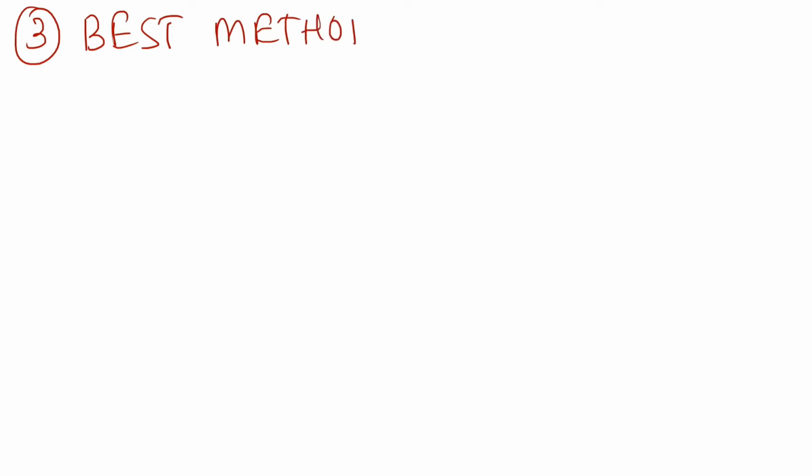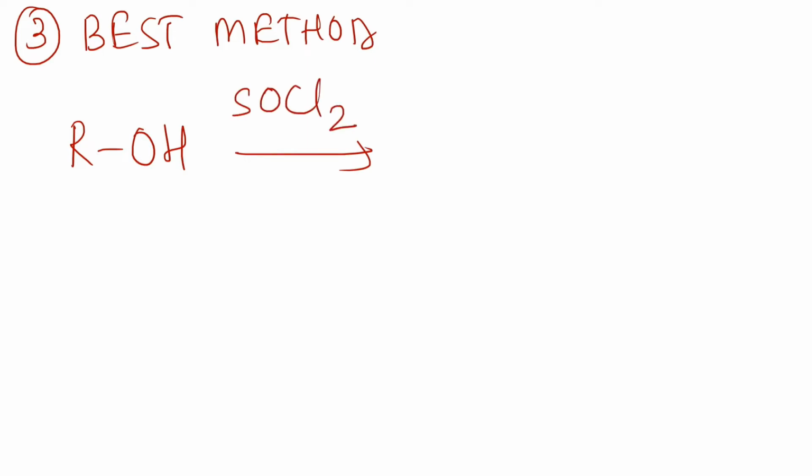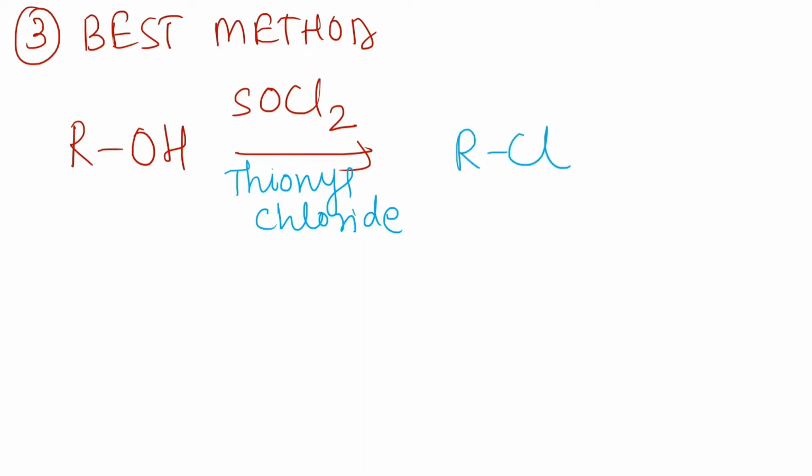Now moving on to the third method, which is one of the best methods to prepare the alkyl halide from alcohol. And that is reacting ROH with SOCl2. What is SOCl2? SOCl2 is thionyl chloride. So how to remember the reaction? I am preparing here RCl, right? So how to remember what would be the byproducts?